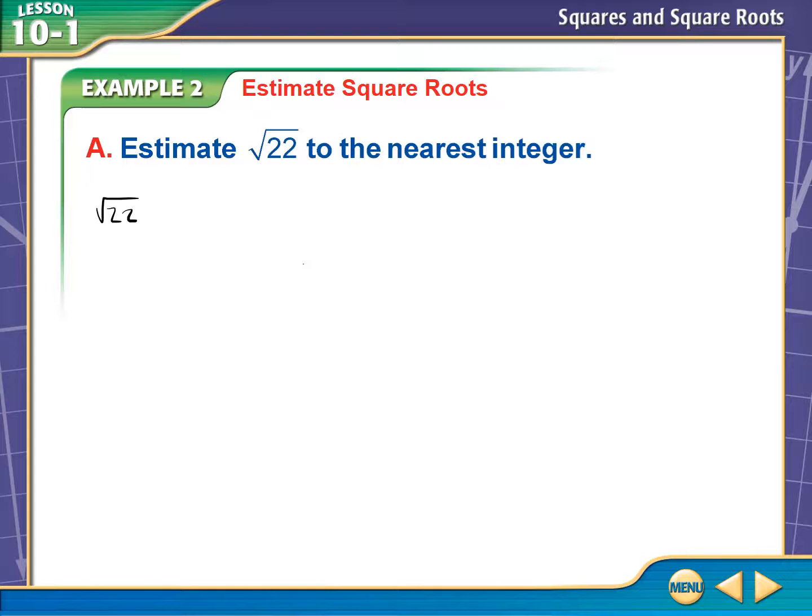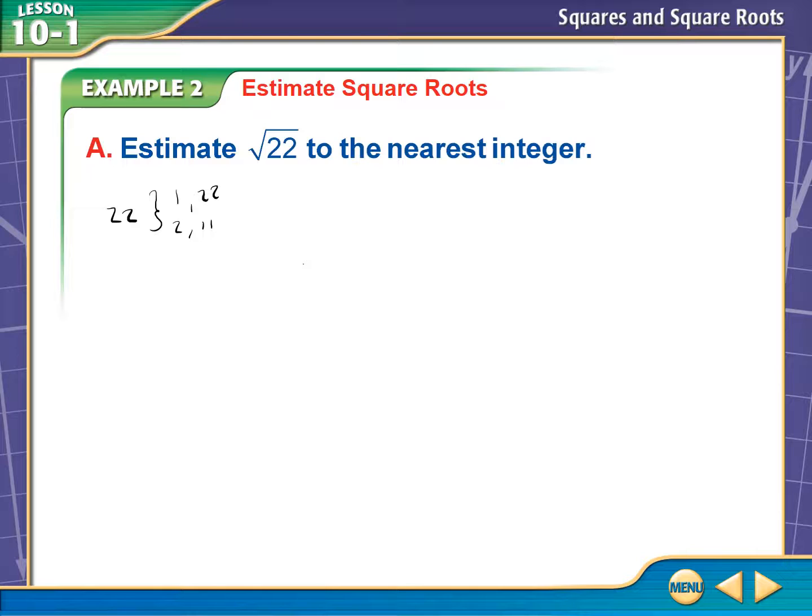If I think of the factors of 22, if we list it out like we did on the other problems. What are the factors of 22? Well, I could do 1 times 22, I could do 2 times 11, and that is about it. Right? 3, 4, 5, there's nothing else that I multiply together to get 22.